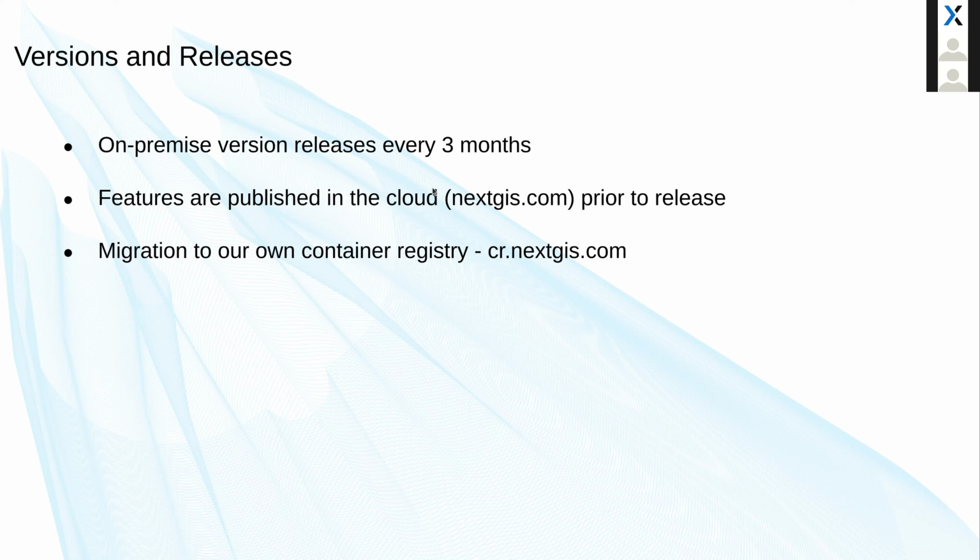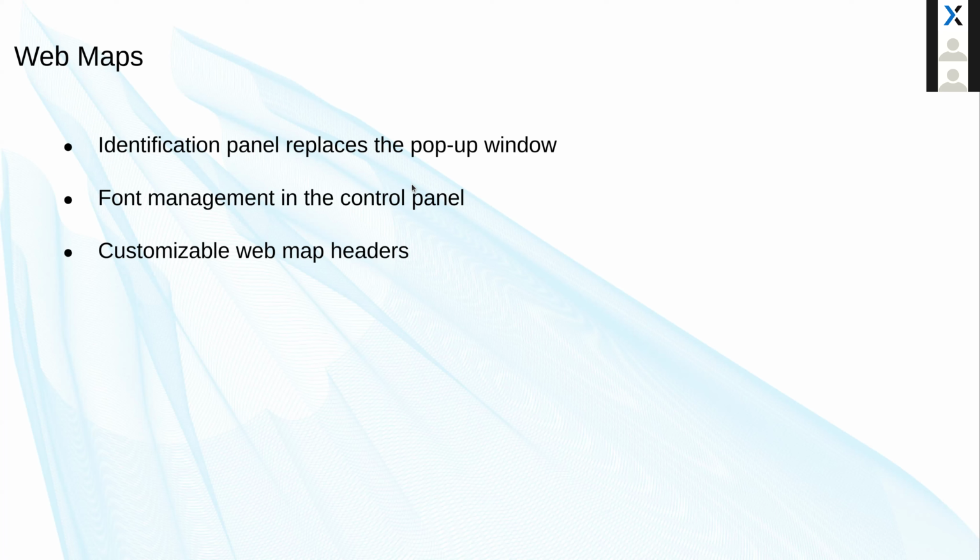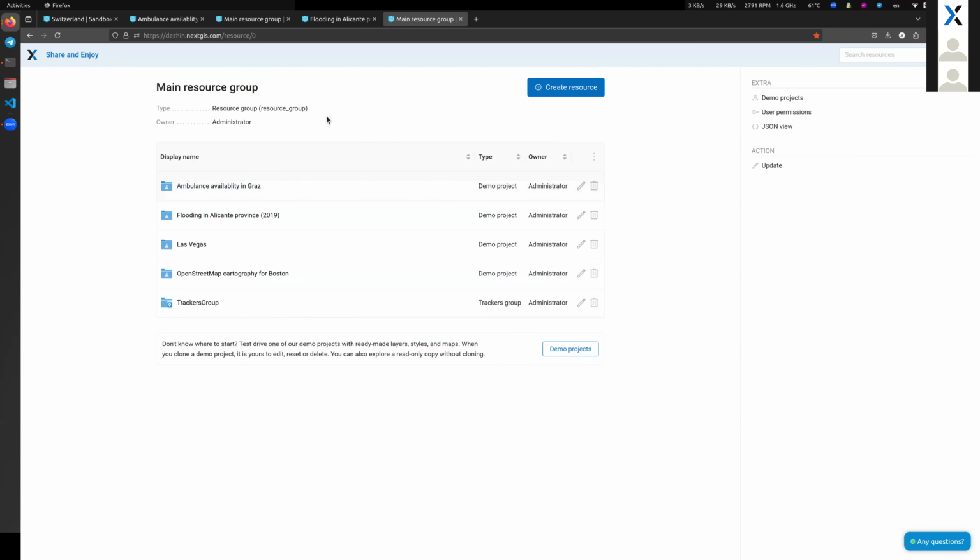So, what's next? About web maps, I think the most important part of NextGIS Web. Let me show some details and show how it works. First, about the identification tool. Let me switch. Can you see Firefox right now?